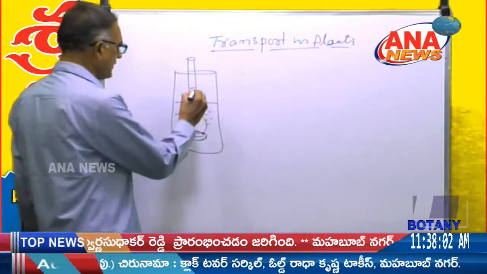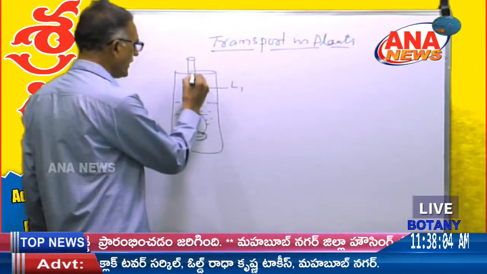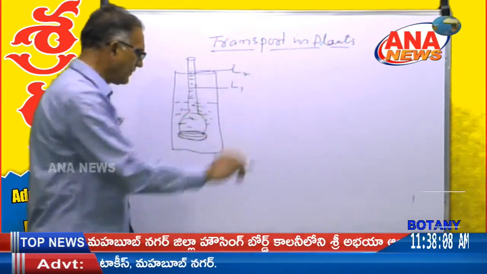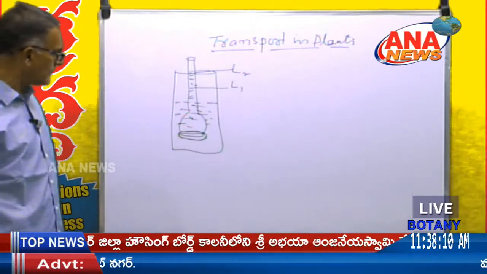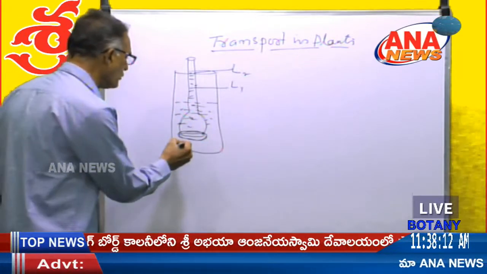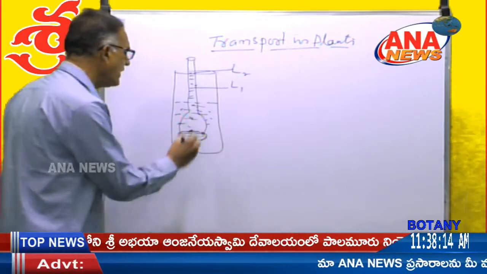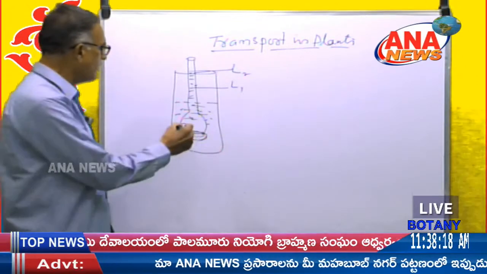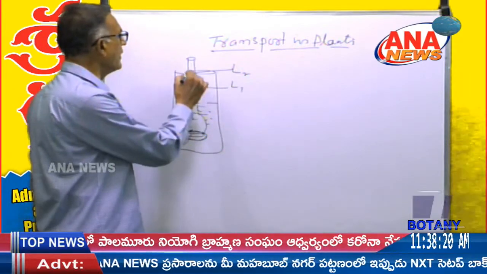After some time, the level of the water increases in the stalk of the funnel because of osmosis. The water diffuses through the permeable membrane into the thistle funnel, hence the level of the water increases in the funnel.